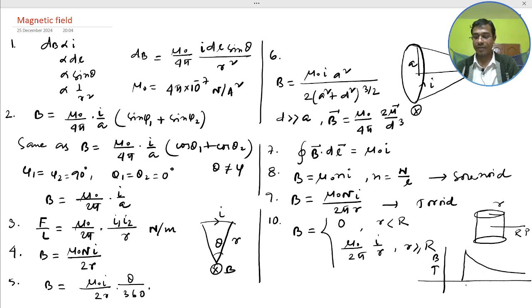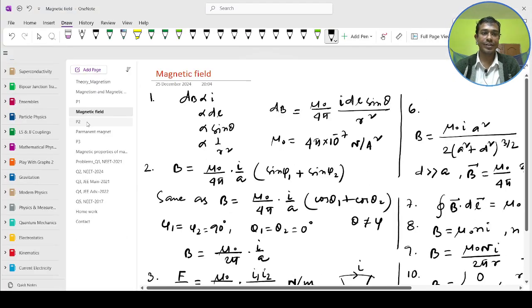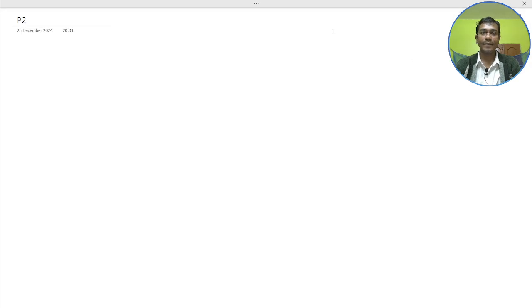This is the R, and here this point is capital R, and here the r. B versus r graph for an infinite current carrying conductor. So next one is the field due to an infinite current carrying solid cylinder.